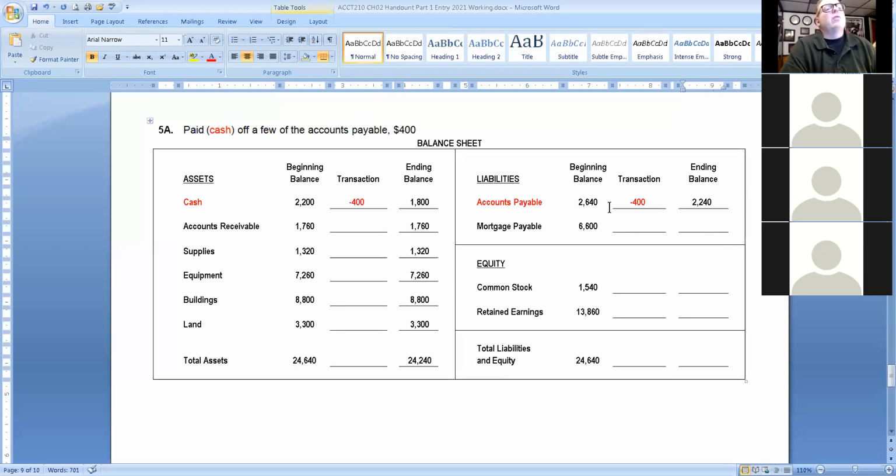That is right. Over here we subtracted 400, so it's $22,400 for the accounts payable. Mortgage payable, everything's the same. Hopefully this comes out to be the same number.